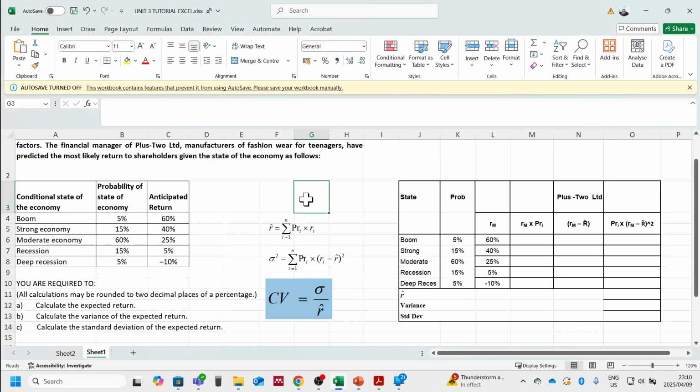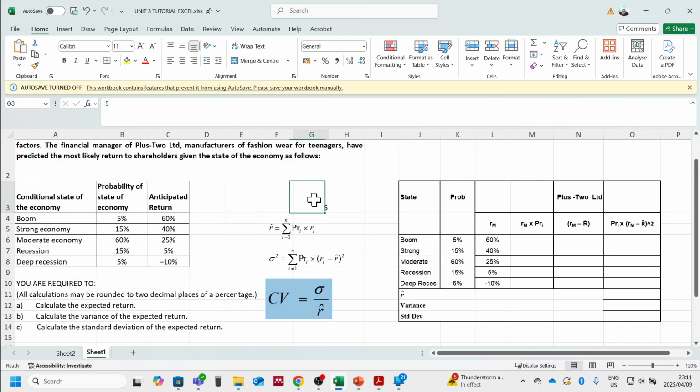If the CV is 5% and our return is also 5%, it means that for each and every 1% of return, we expect it to vary by 5%. That is bad for this particular investment.